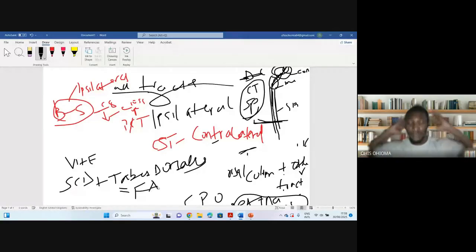What I want you to put at the back of your mind is, when you see a patient that has features of vitamin B12 deficiency and tabes dorsalis, when you see the two features in a question, it is Friedreich ataxia until proven otherwise.